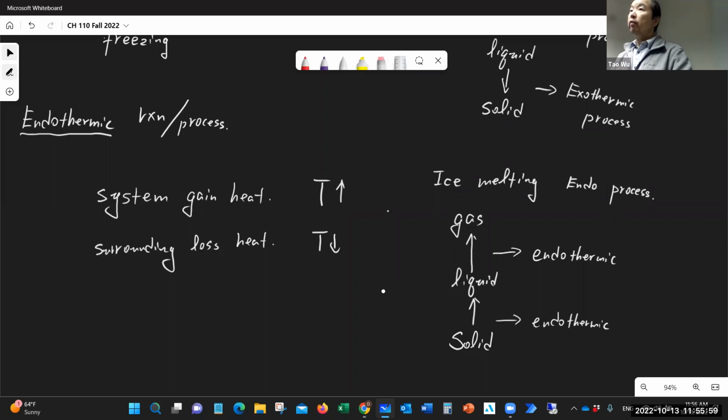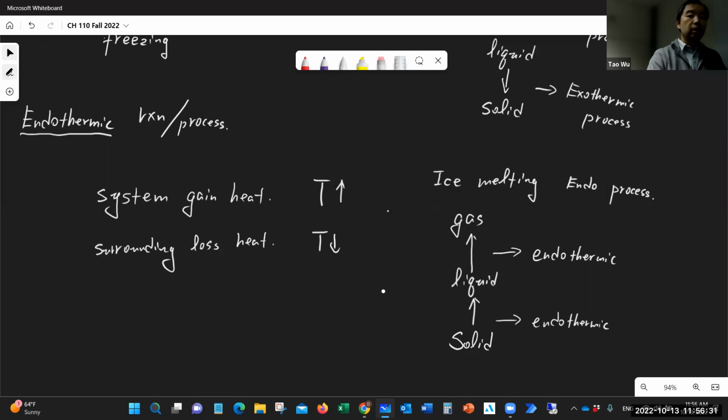But if you look at yourself as the system, then you are exothermic because you're producing heat. So endothermic and exothermic really depend on what kind of system you're looking at. Hopefully I did not confuse you. Did I?